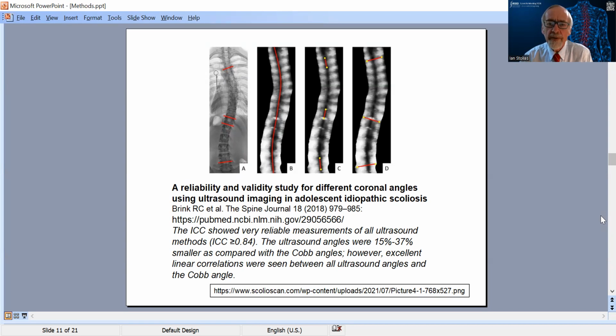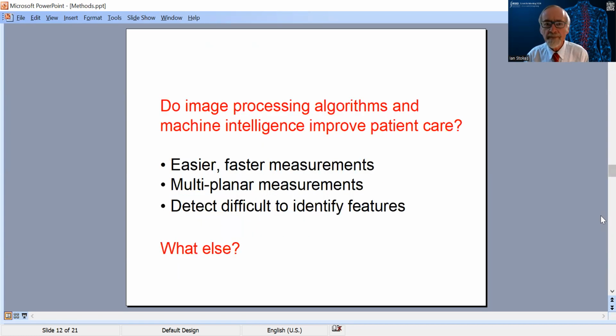But there is a relationship which can be compensated for. So this is a promising replacement, at least for measuring spinal curvature in the frontal plane using ultrasound.